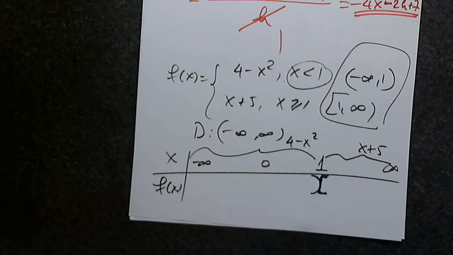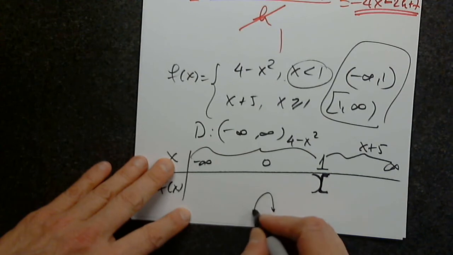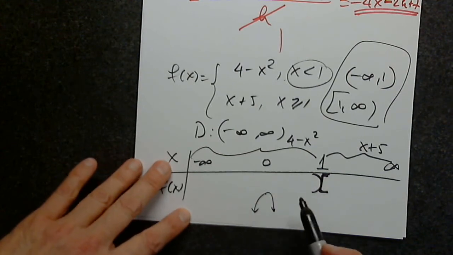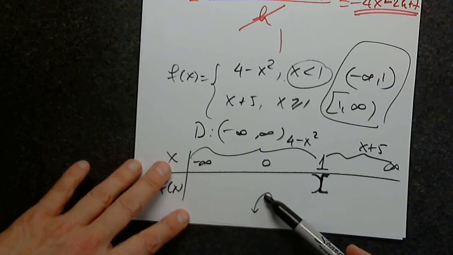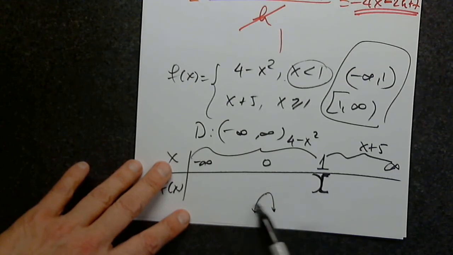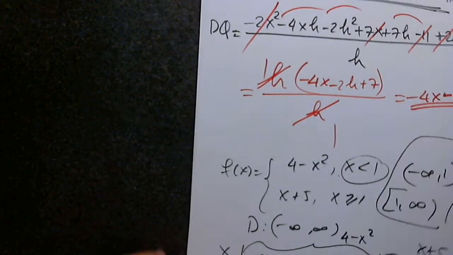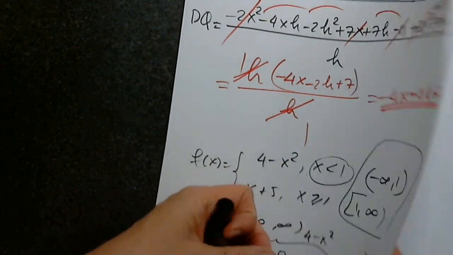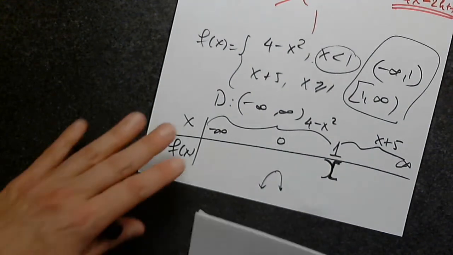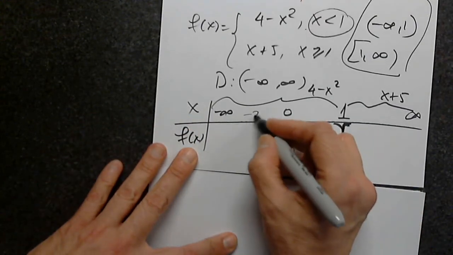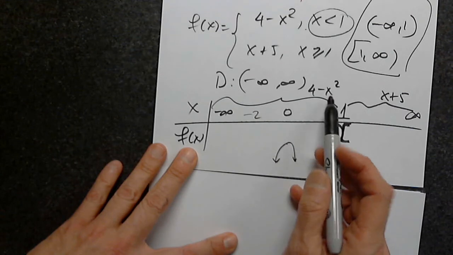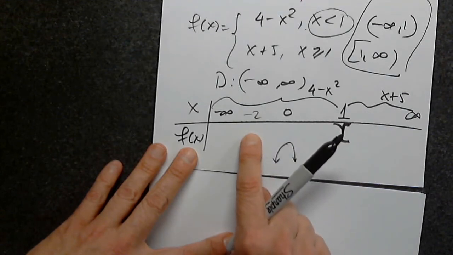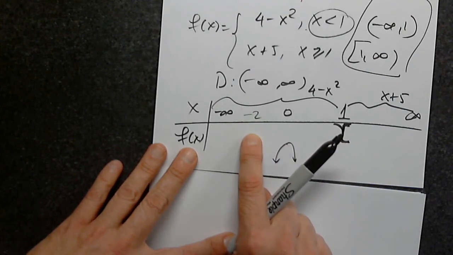So then I know this graph. It looks like this. It crosses the y-axis at positive 4, and it crosses the x-axis at negative 2 and 2. So which x values would you like to pick? Well, I will definitely pick negative 2. When I plug in negative 2, what do I get here? 0, of course.